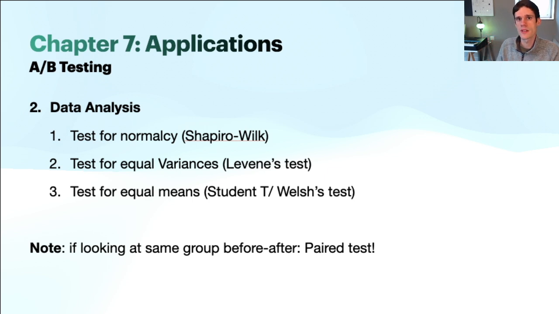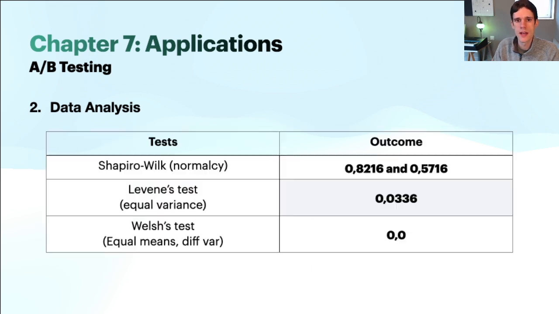And therefore, to test equal means, we use the independent statistical t-tests. Now, if we were looking at the same group of people before the new feature and after the new feature, then we would have to make sure that we were using the paired statistical tests. But that is not the case here, though it's something to keep in mind if you do this analysis on your own dataset. So let's look at the results.